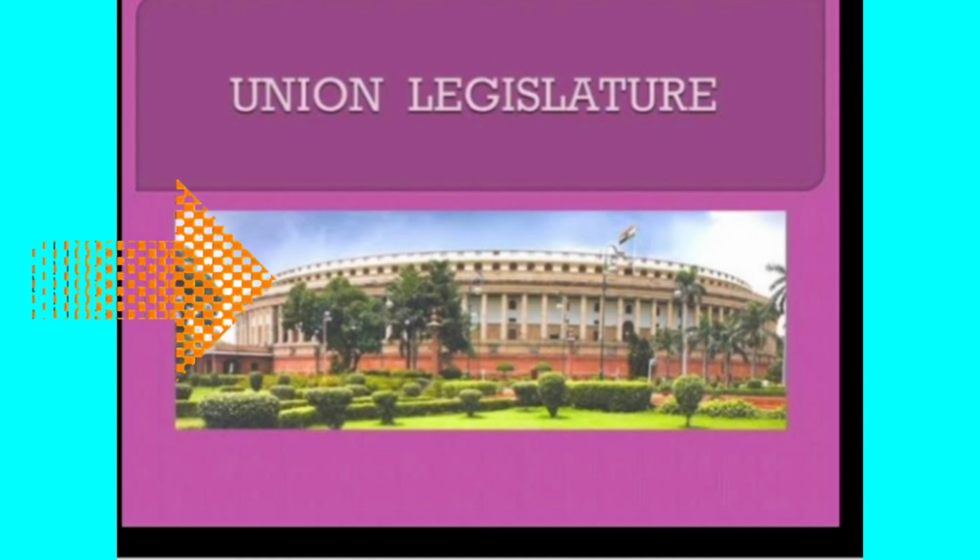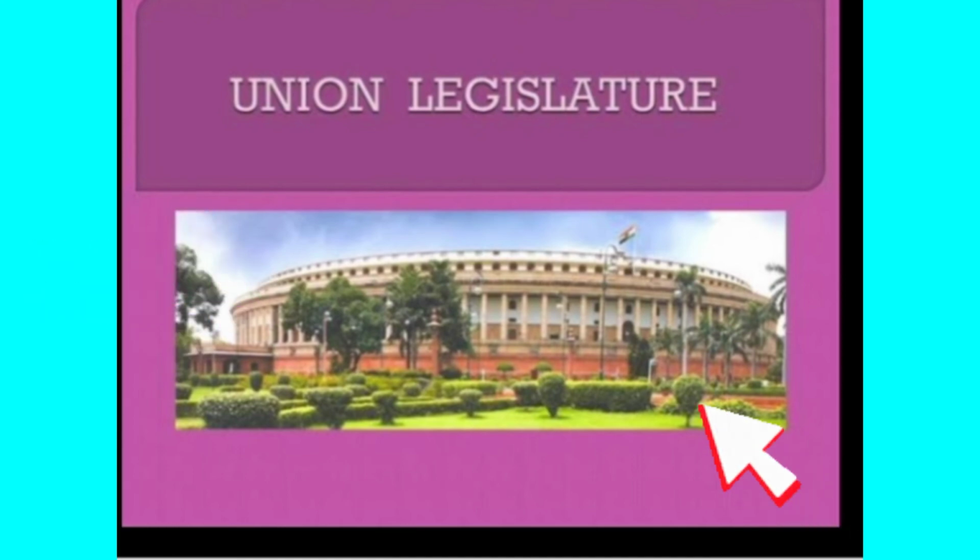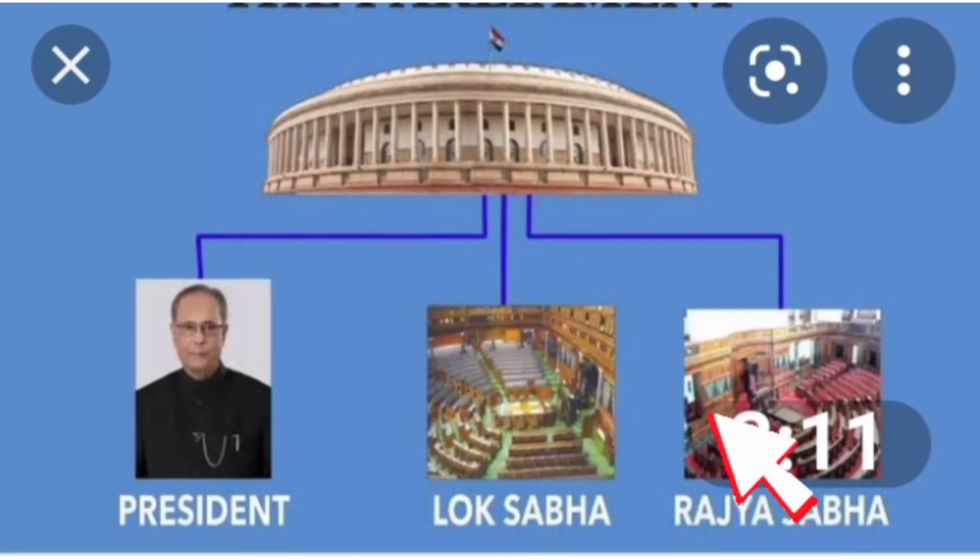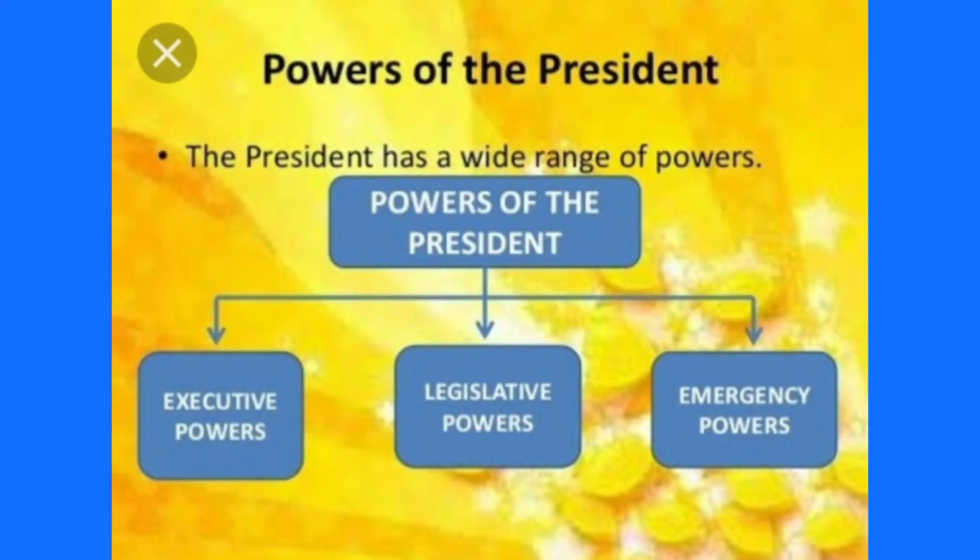Now, since the legislature consists of the president, he has certain powers in the legislature. What are the legislative powers of the president is very important for you to know. The president can summon or prorogue the parliament. Summon means he can call for a meeting of the parliament.